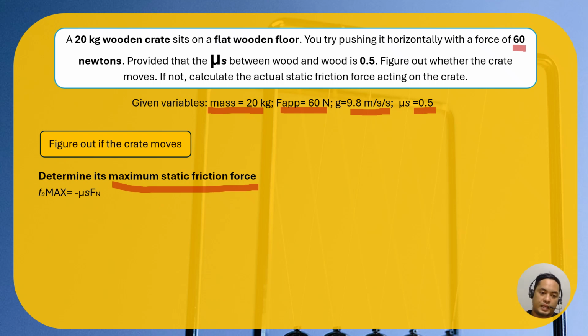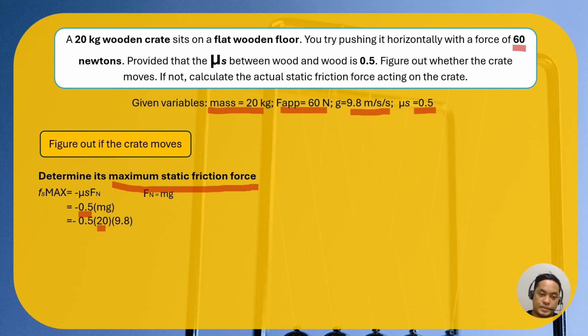And Fn, always remember, Fn is equal to the mass times gravity. So we can rewrite the formula: 0.5, that's the value of our coefficient of static friction, and we have mg. So our mass is 20.